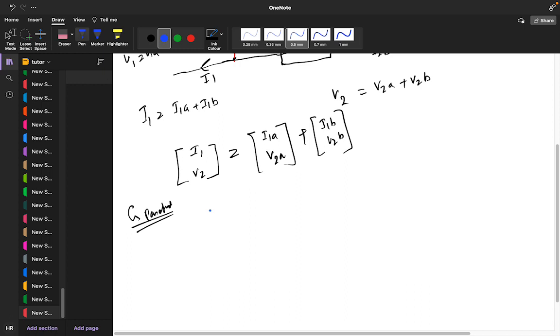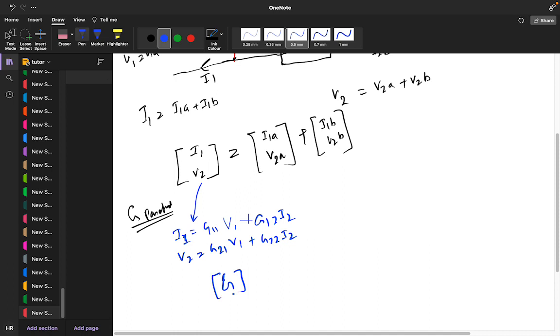Prasanna, what is the G parameter? I1 is equal to G11 V1 plus G12 I2, and V2 is equal to G21 V1 plus G22 I2. So I can write this in the form of the G parameter matrix times V1 and I2.